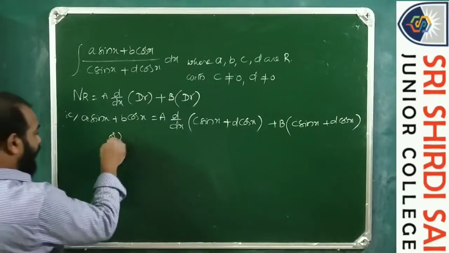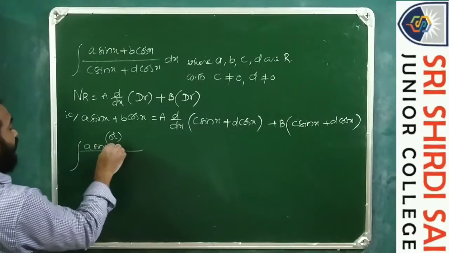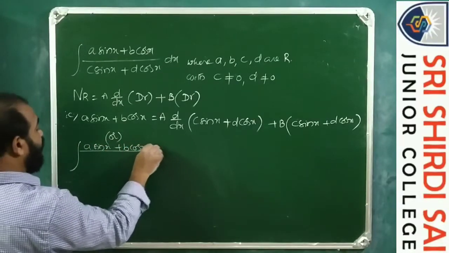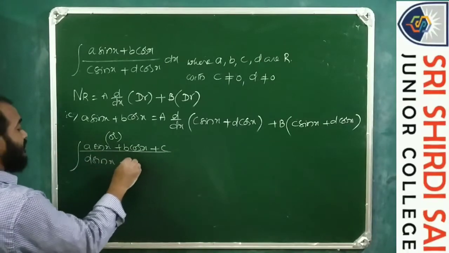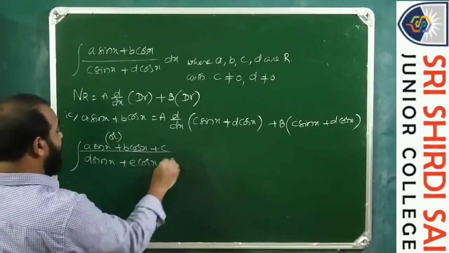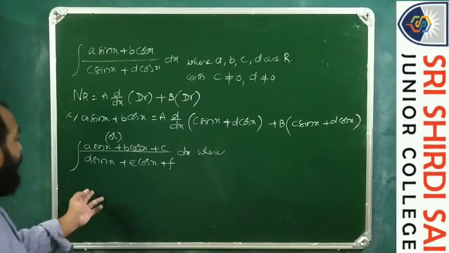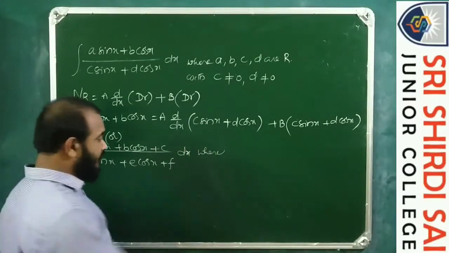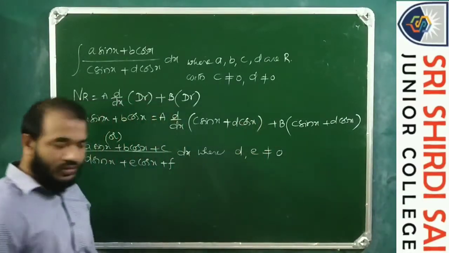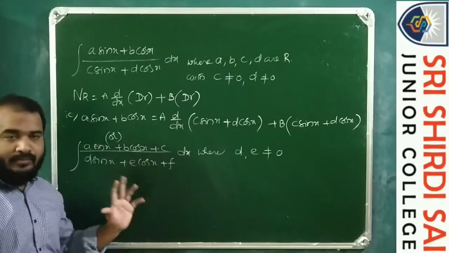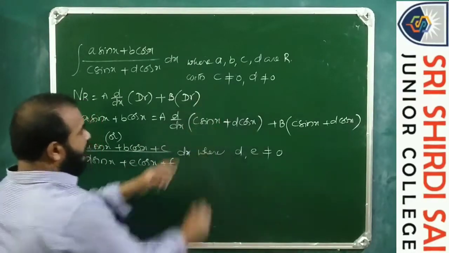Or it may even be of the form integral a sin x plus b cos x plus c by d sin x plus e cos x plus f dx, where a, b, c, d, e, f are real numbers with d, e not equal to 0. So here also the working rule is the same as above, but some constant c will be additionally added.